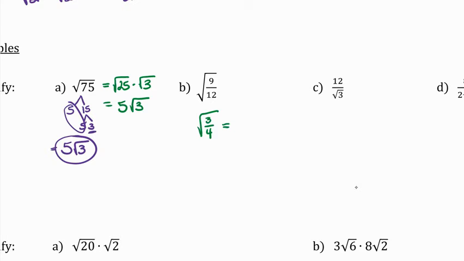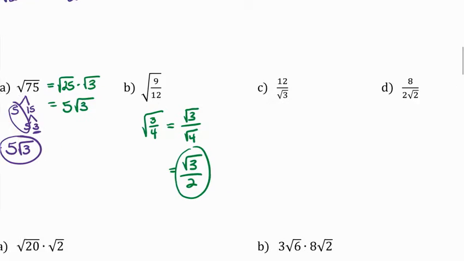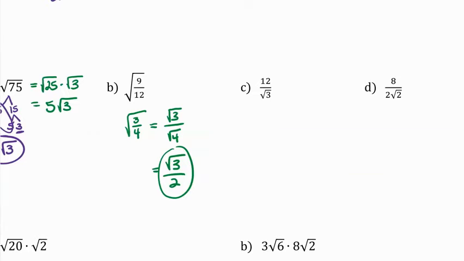And then when I break it apart, I get radical 3 over radical 4. And we know the square root of 4 is 2. So that's radical 3 over 2. Right? It's always going to be simpler if you reduce the fraction before you break it apart into 2 different radicals.